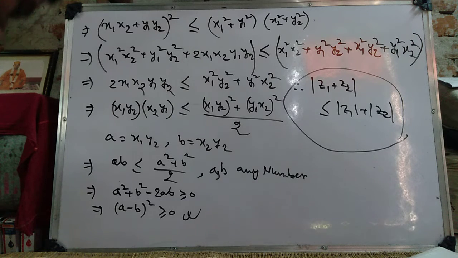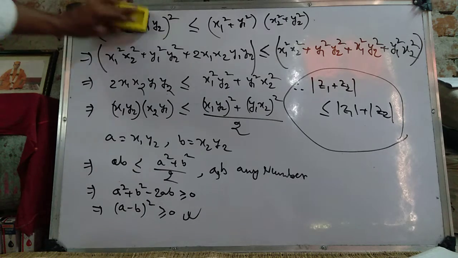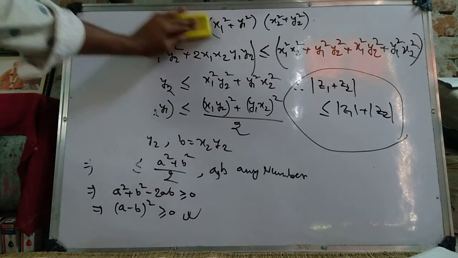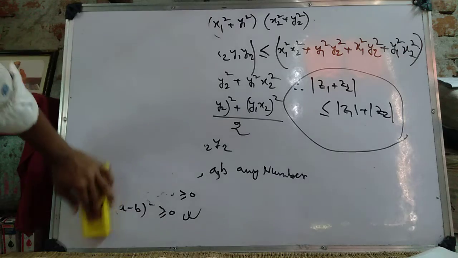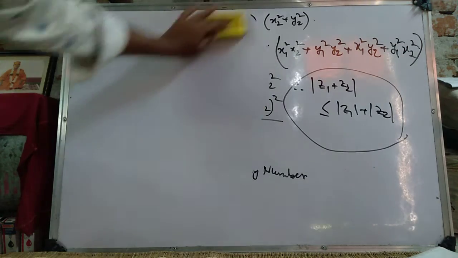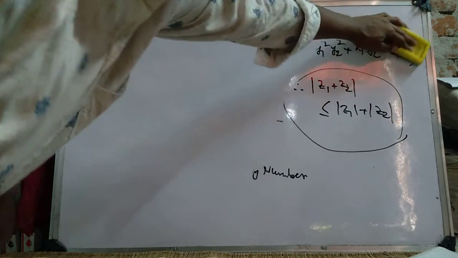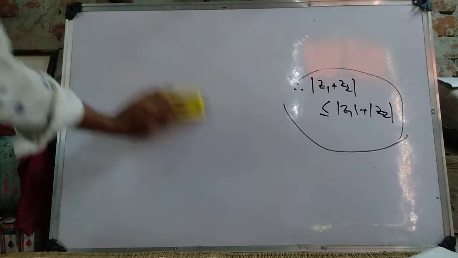If we see the geometric figure of that, then we also do it so quickly. And obviously this one is the triangle law, I think. Okay, so this one is called triangle inequality.